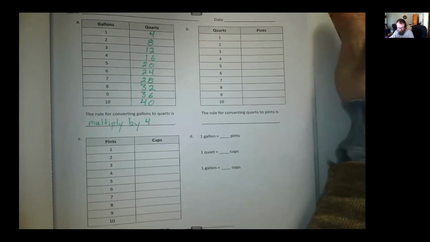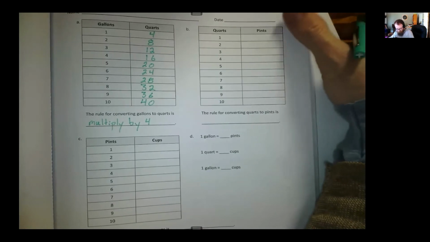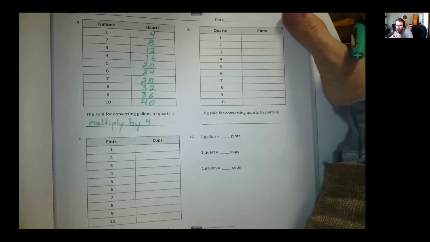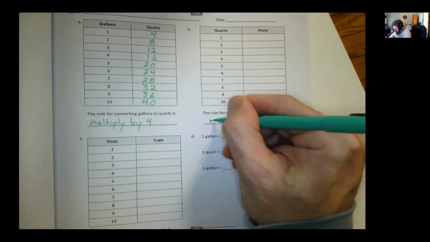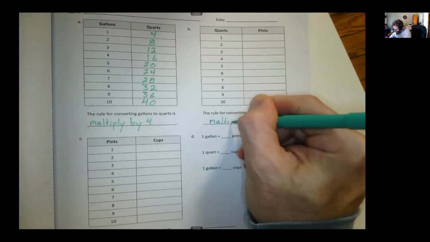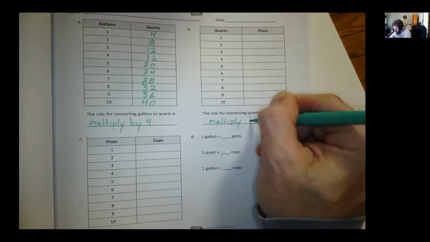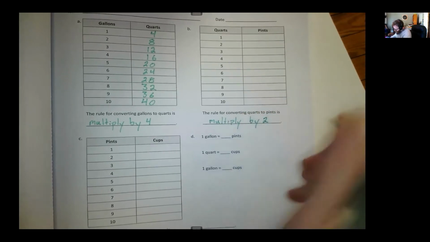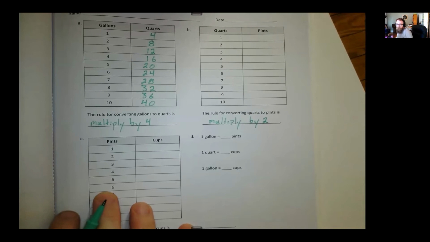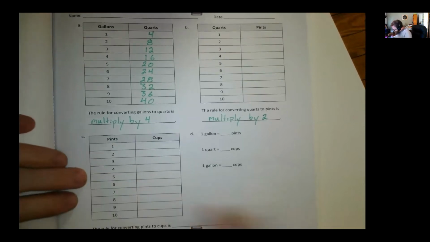Quarts and pints. The rule for converting quarts to pints is multiply by 2. Multiply by 2.